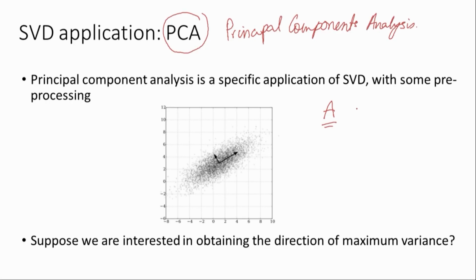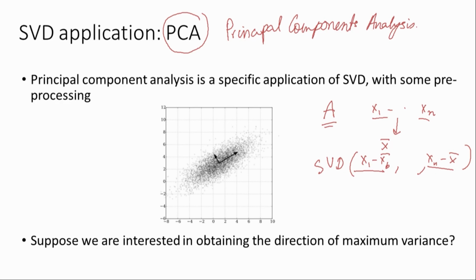When we get a set of data points, let's call them x1 to xn, we first compute the mean of the data points, and then we subtract the mean from everybody. So instead of considering the original data points, we do a mean subtraction, and then we take the SVD of these. That's all PCA is.